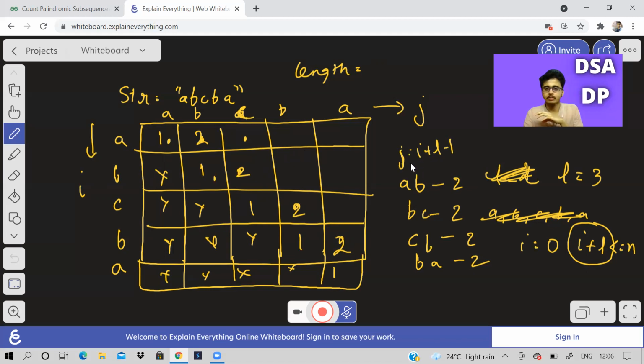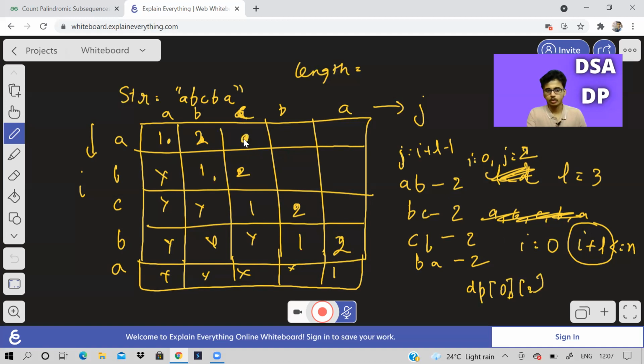So last character will be the starting character plus length of the string minus 1 because it is 0 based index. So in this case, I is equal to 0, j is equal to 3 minus 1, 2. So now you tell me what is dp of 0 comma 2 going to be.